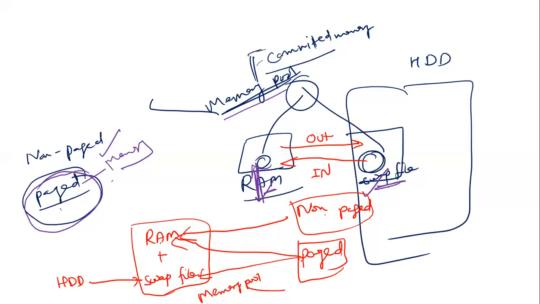If it is non-paged, it is guaranteed that there is no in and out, the data is inside your RAM. Out means data moves from RAM to swap file, and in means from swap file to RAM.